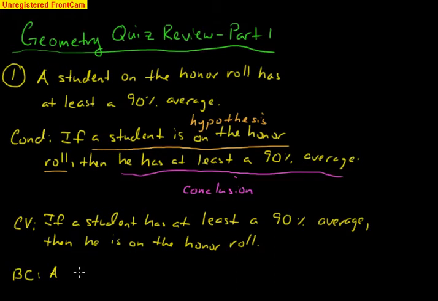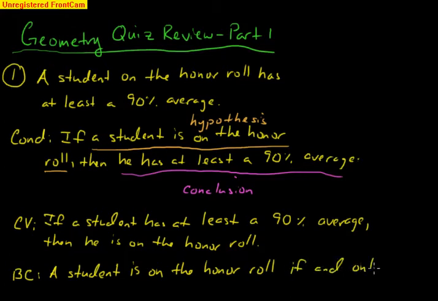So a student is on the honor roll, and we take out the then and we put those four keywords, if and only if, he has at least a 90% average.